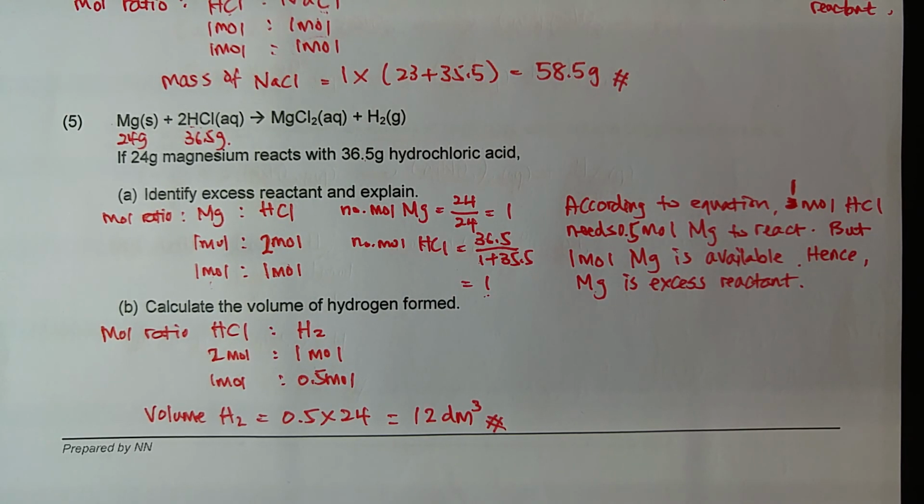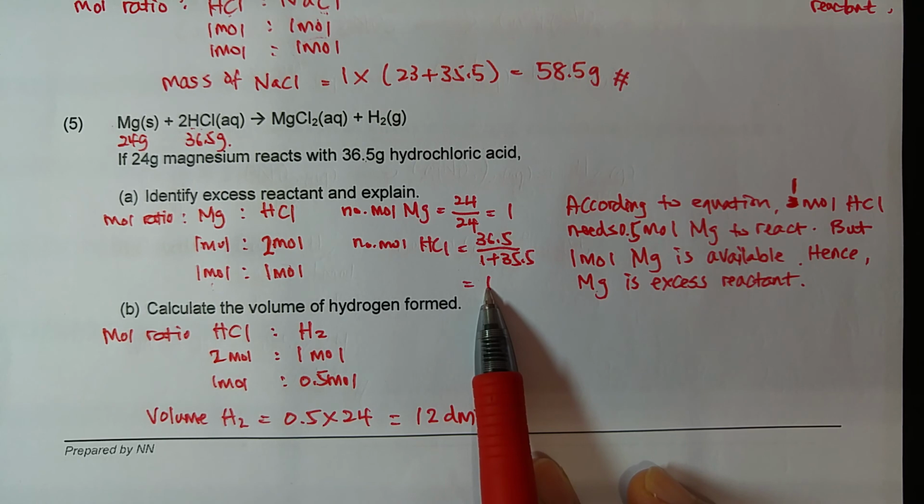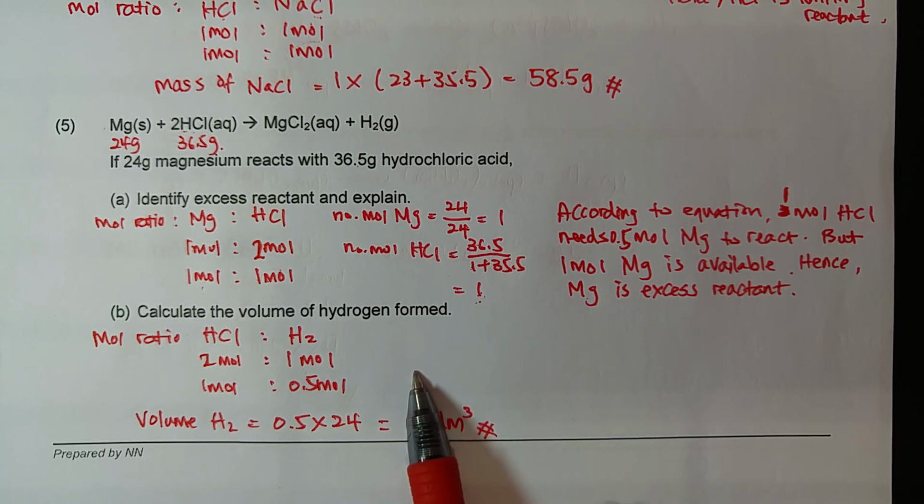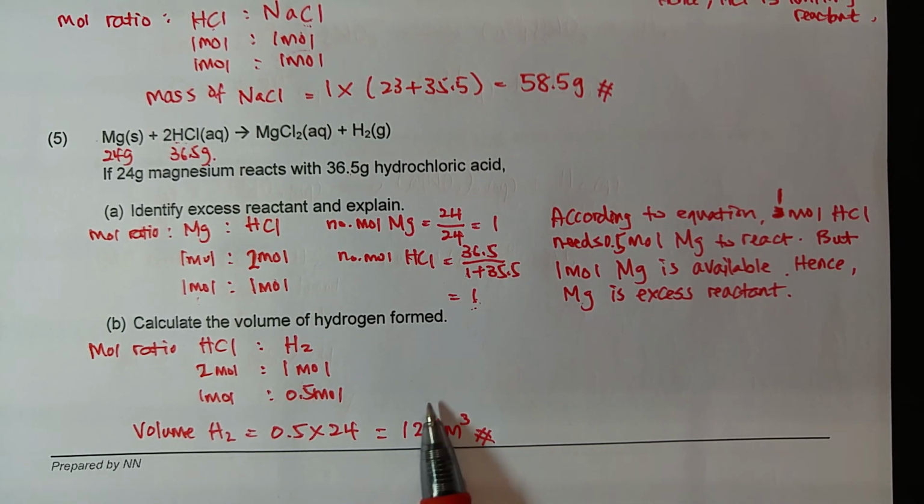All the parts are related, which means that if you get one part wrong, then the subsequent parts would be wrong as well. But then again, you will not be penalized twice. If you make a mistake in part A, you'll be penalized in part A. If you use the answer from part A to do part B, that will not be penalized. But of course, your answer will be wrong, but there would not be a double penalty.